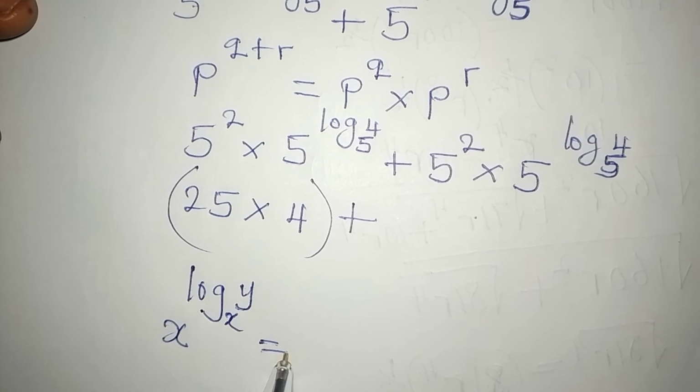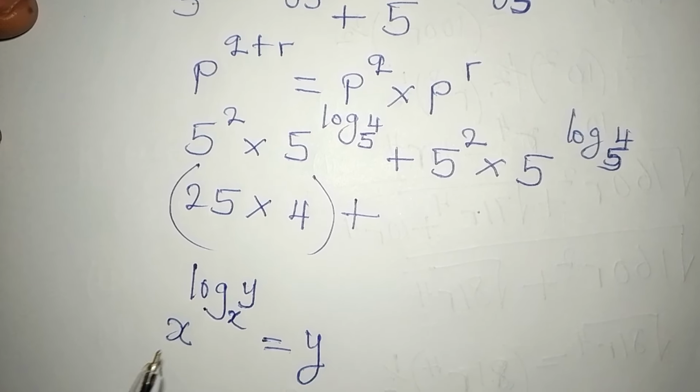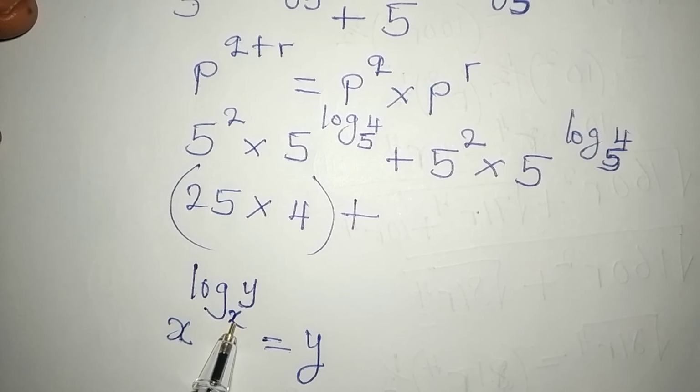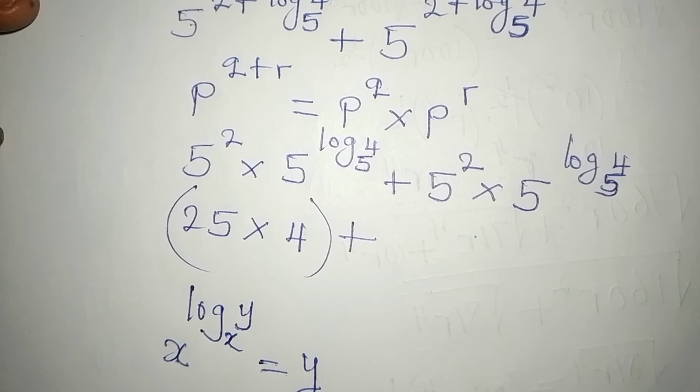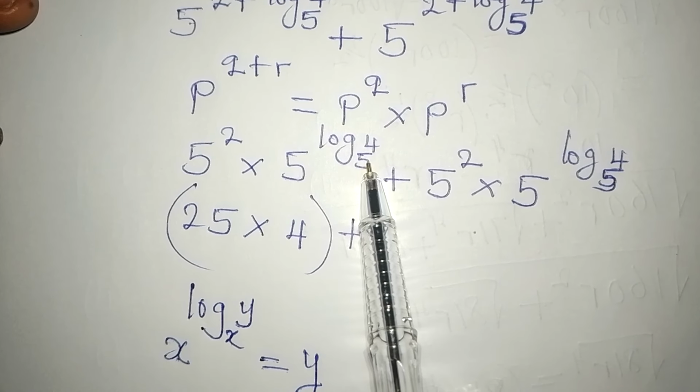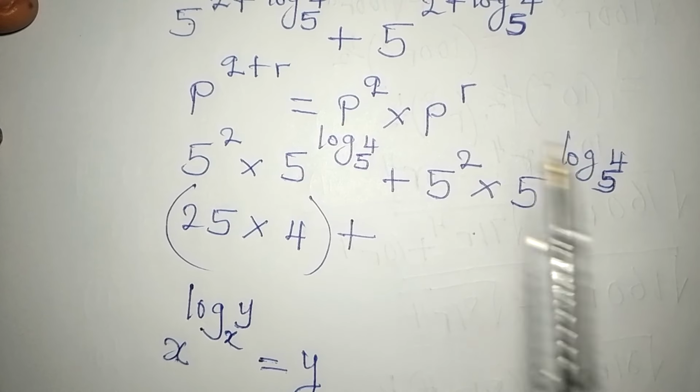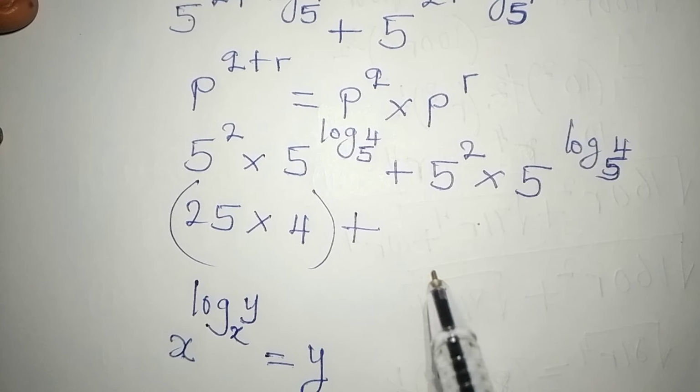The whole of this is equal to y. The same x that is here is what is over there. So in the case of this, 5, 5, so those will go. So 4 is coming down here.